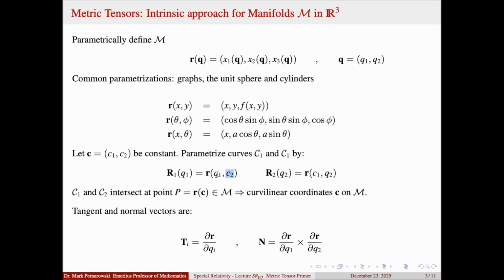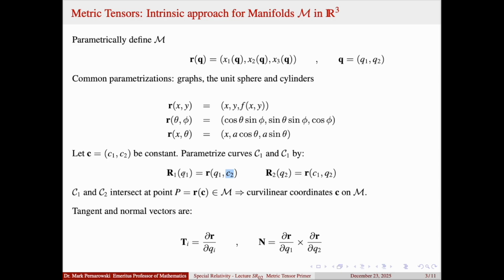As you vary this q1, what that does is it traces out a curve on the surface. We'll distinguish that particular curve for that particular c2 value to be r1 of q1. Likewise, if you fix the q1 coordinate and let q2 vary, you get a different curve.